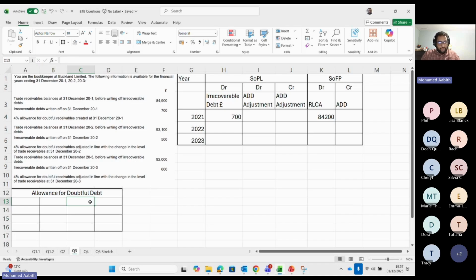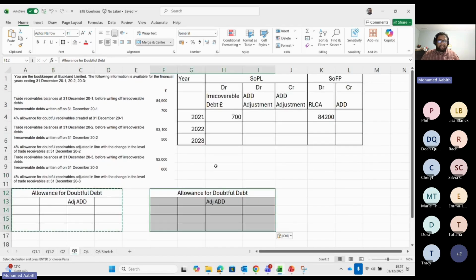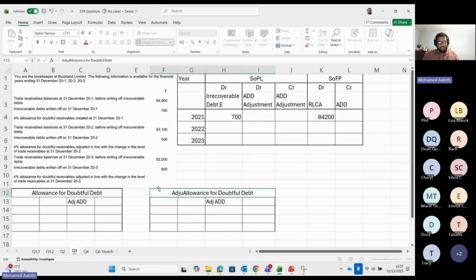So what we're going to do, we're going to create allowance for doubtful debt adjustment. So what we'll do here, I'll have this as a T account. Let me do that as a T account here. Allowance for doubtful debt adjustment.